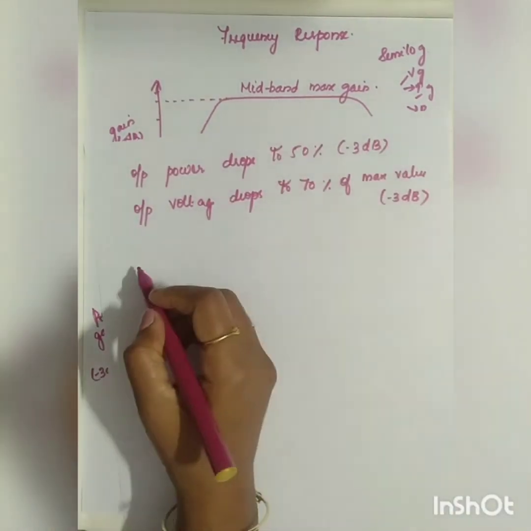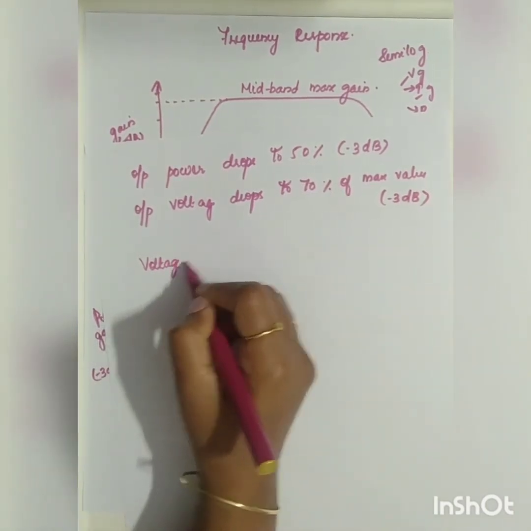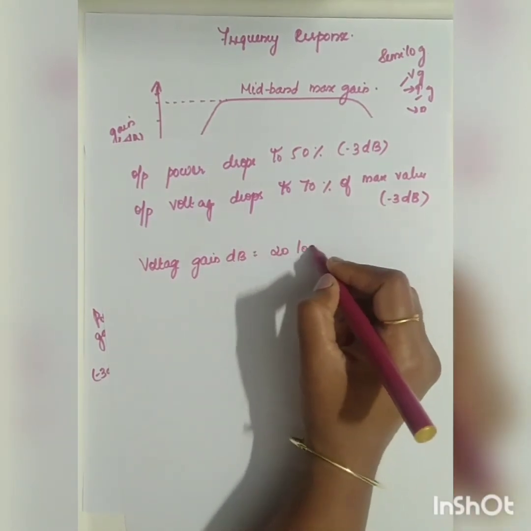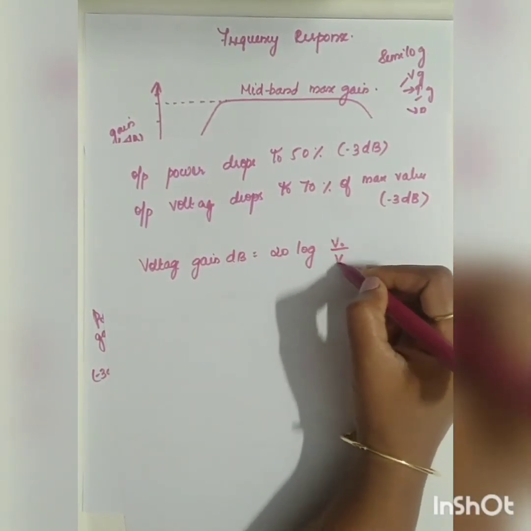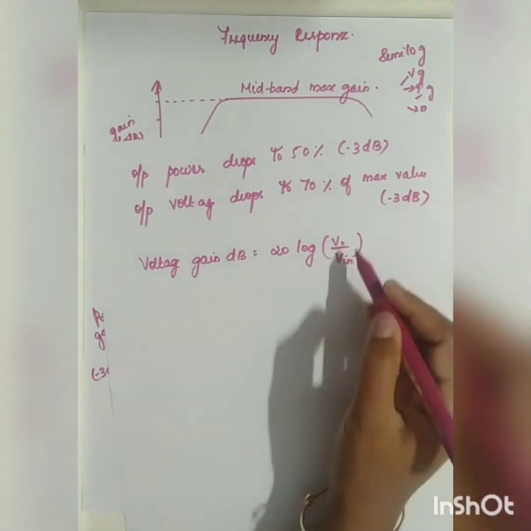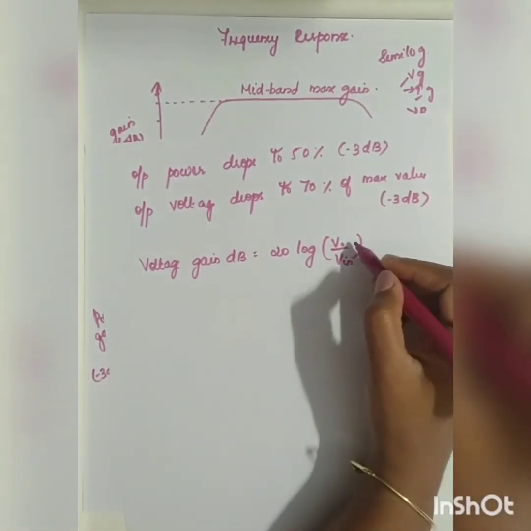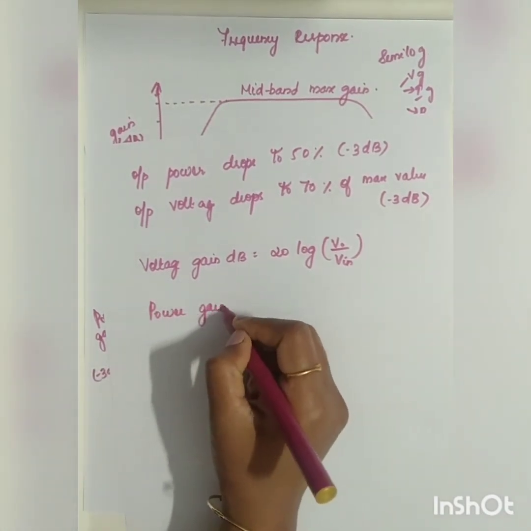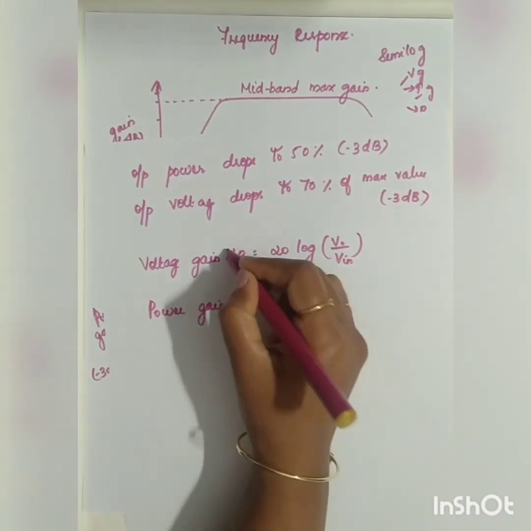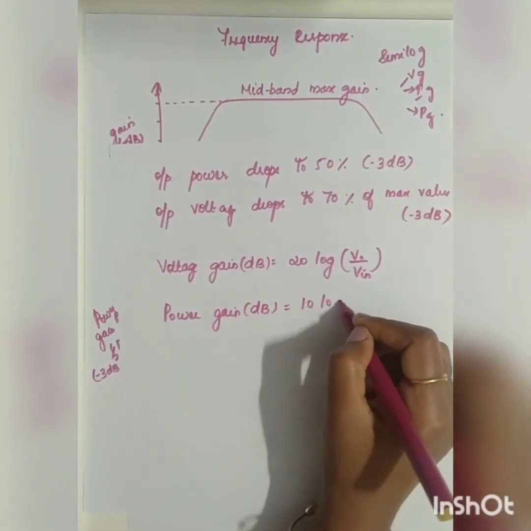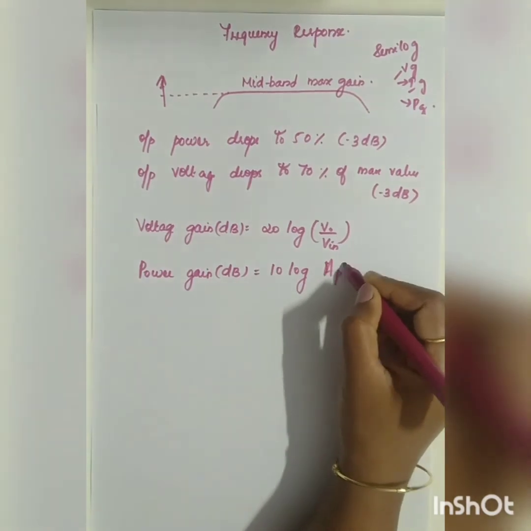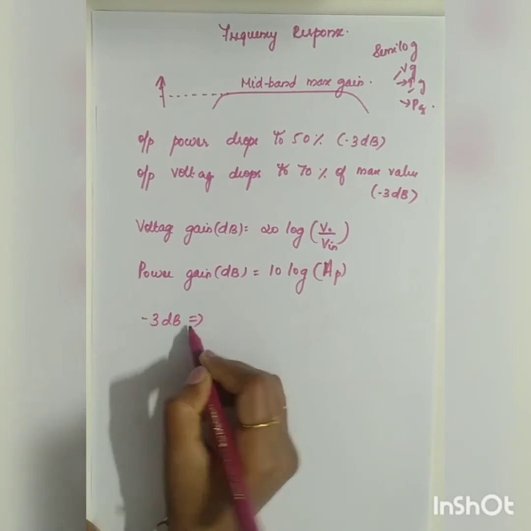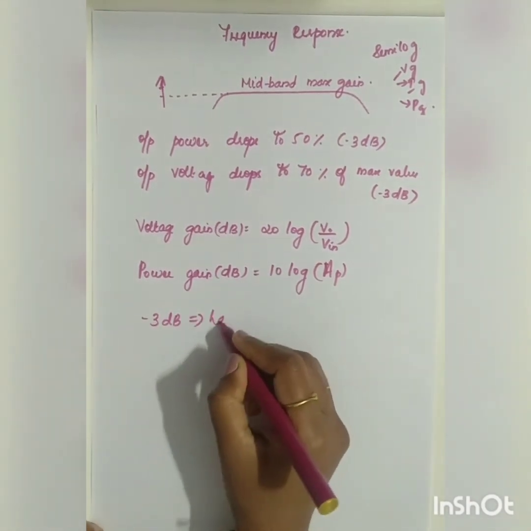The reason is that voltage gain in dB is equal to 20 log V0 divided by Vin, which is nothing but 20 log of your voltage gain AV. Now power gain in dB is equal to 10 log AP. Now I can tell that this minus 3 dB point is also called the half power point.